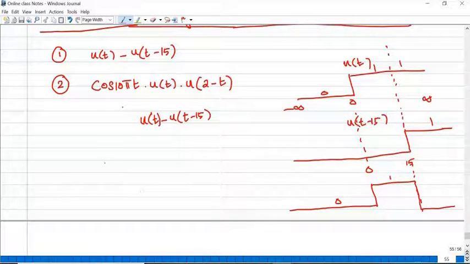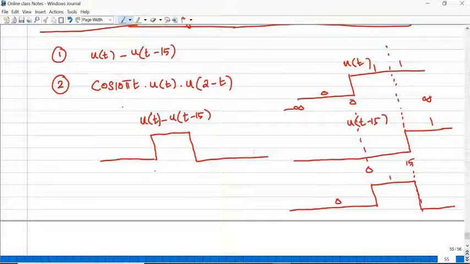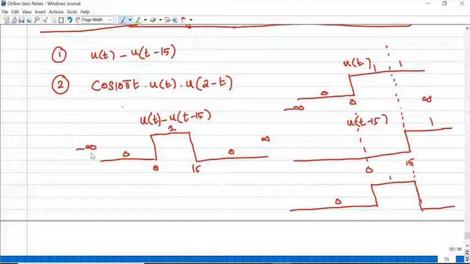Okay. So the sketch for u of t minus u of t minus 15 is like this: 0 to 15 with magnitude 1, and here also 0, here also 0. This is the signal sketch for u of t minus u of t minus 15, and this is the time axis.